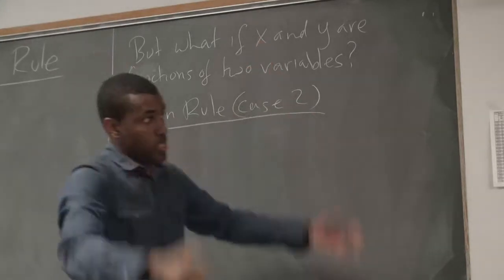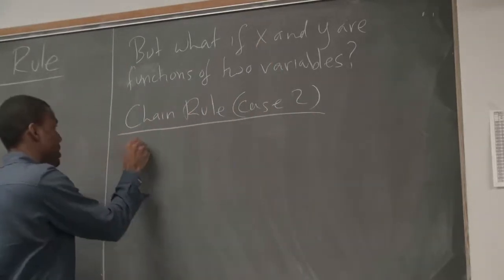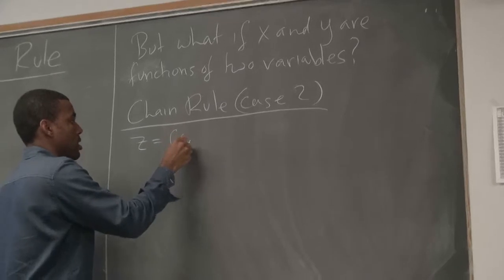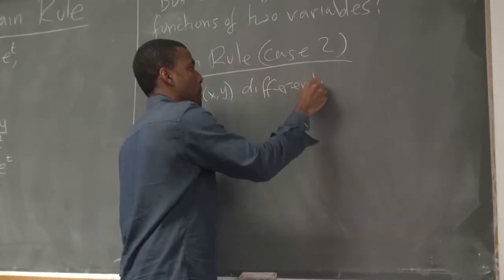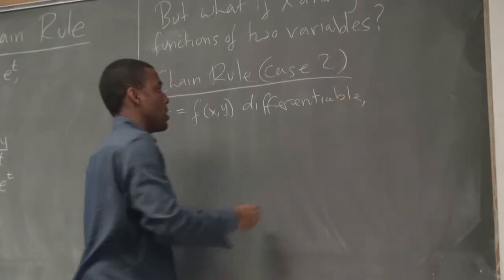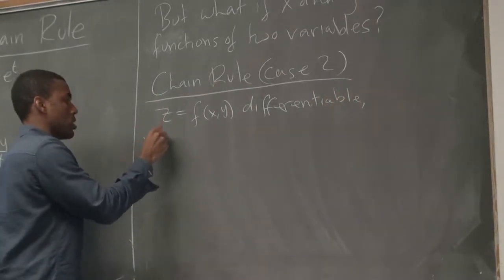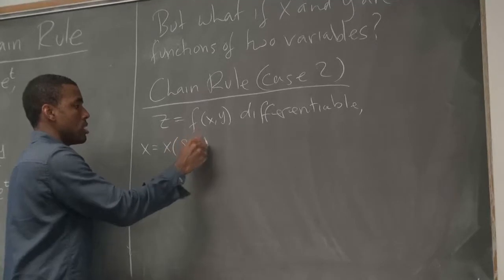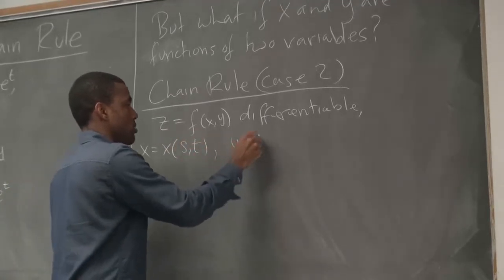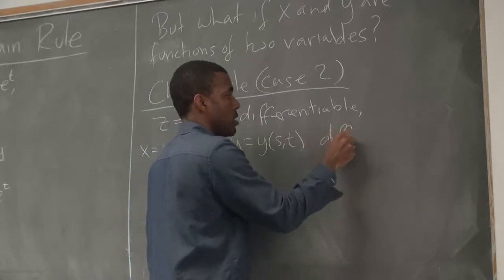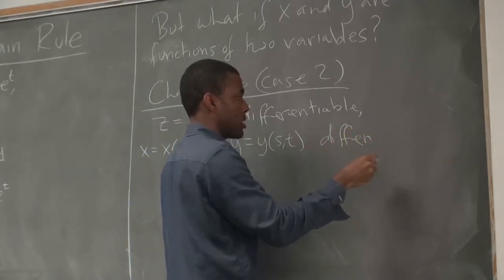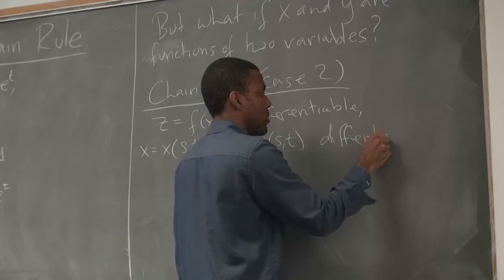What if your functions are of two variables? So your z is a function of x and y, it's differentiable. And now your x is a function of s and t, y is a function of s and t, and they're differentiable in terms of their respective dependent variables.